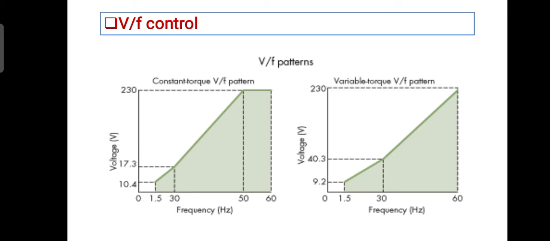VF has some limitations. For example, with VF there is no guarantee the motor shaft is rotating. Two characteristics are given for the VF control: one is the constant current VF pattern, another is the variable torque VF pattern.